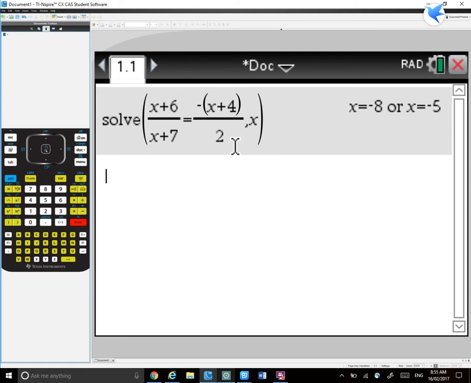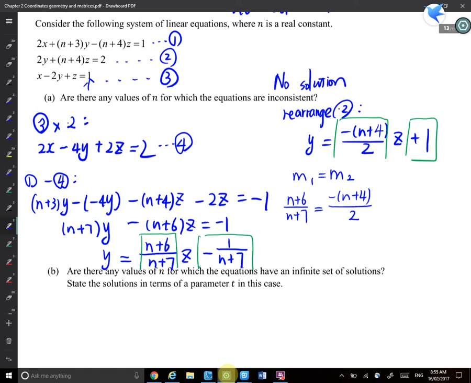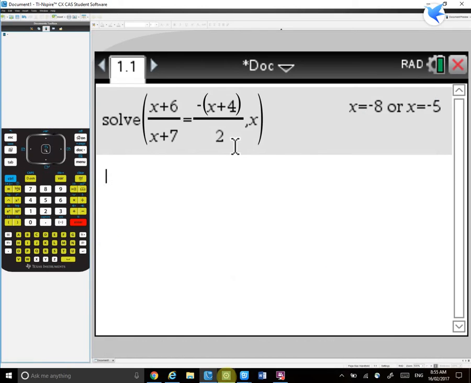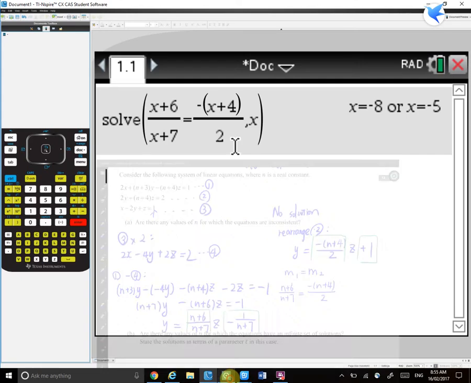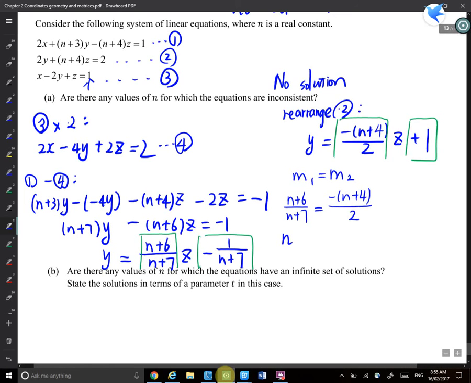So x equals minus 8 or x equals minus 5. So n equals minus 8 or n equals minus 5.